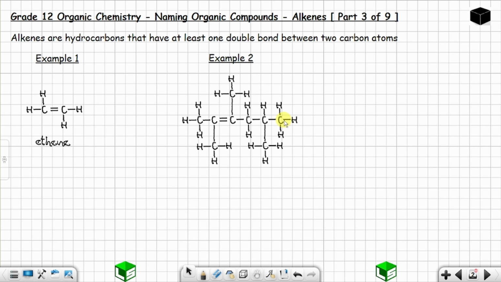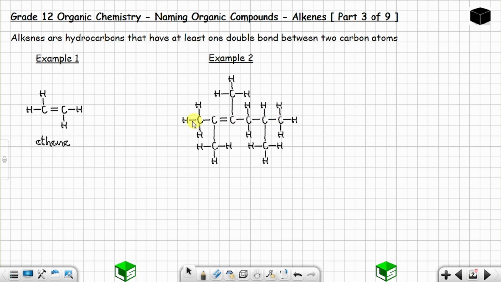You are going to number your carbon atoms in such a way that the double bond falls on the lowest possible number. If I start from right to left, 1, 2, 3, 4, the double bond is on carbon number 4. But if I start from left to right, 1, 2, the double bond falls on carbon number 2.